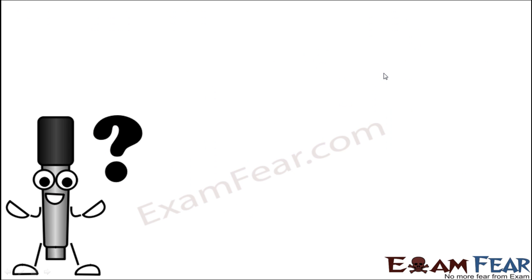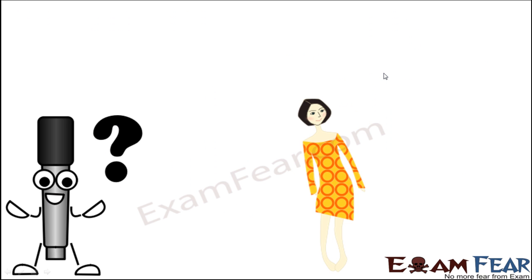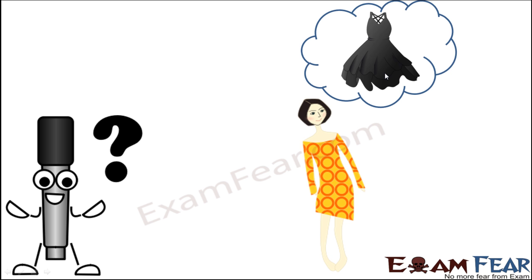Now, the question here is, let's say you want to get a dress stitched for yourself. You want a beautiful dress. Now your dress is made up of what? Cloth, right? It can be a cotton cloth, a satin cloth, a synthetic cloth, a polyester cloth, but it is made up of cloth.